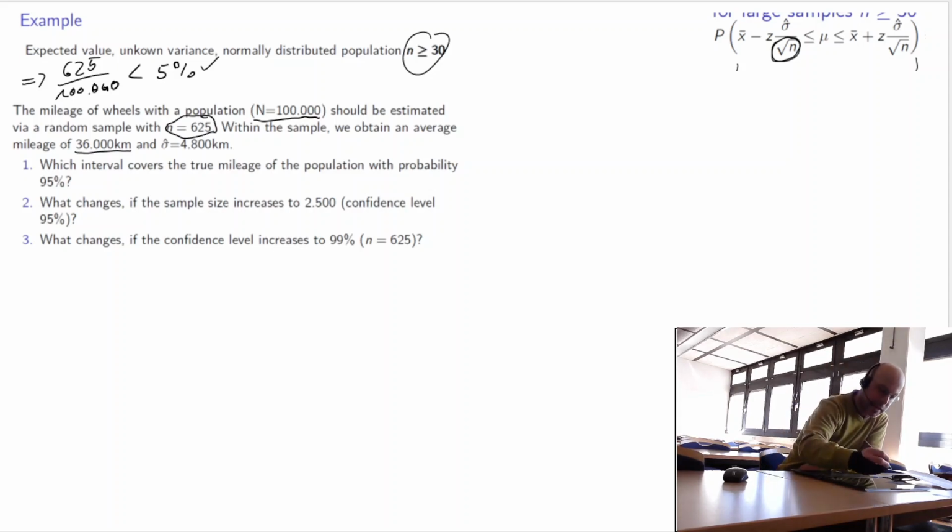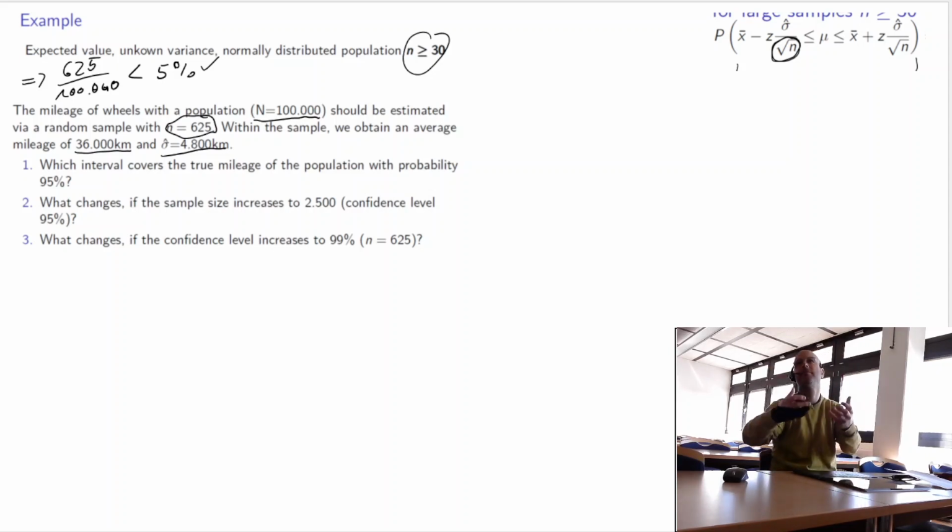So we should have a standard deviation of 4,800 kilometers. So more or less you would say the mileage of our wheels is 36,000 plus minus 4,800 kilometers.